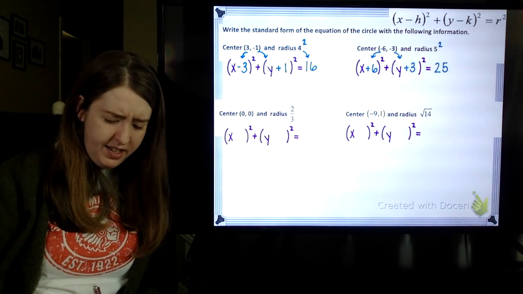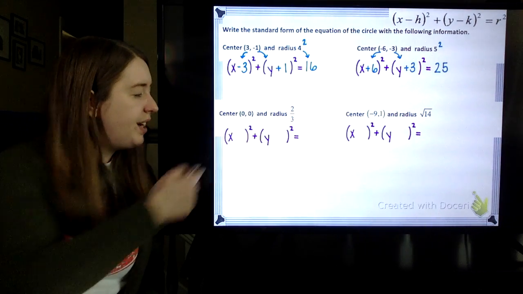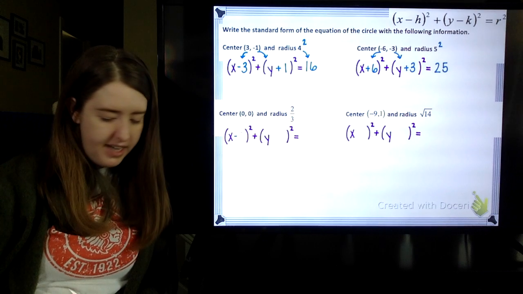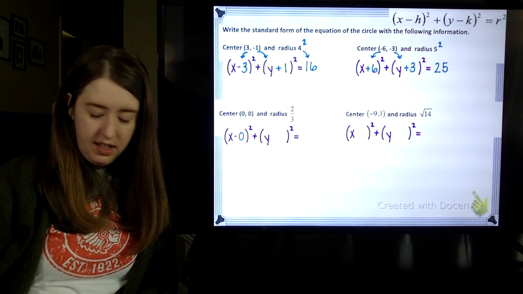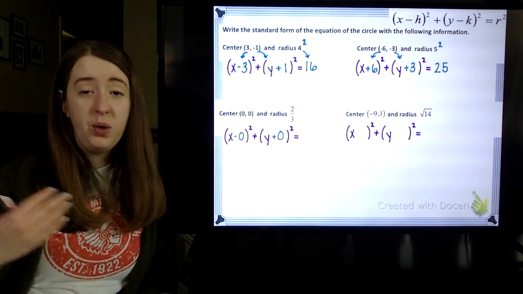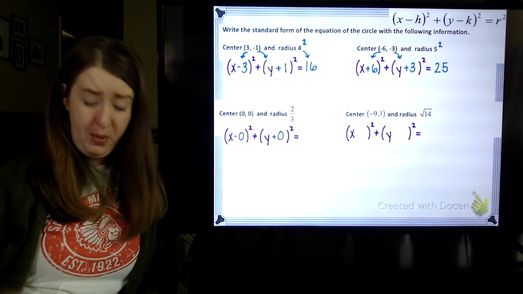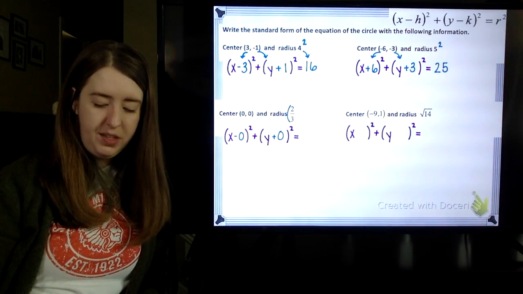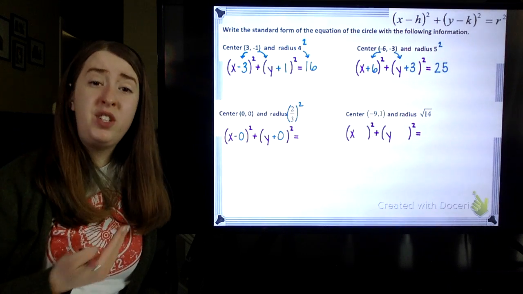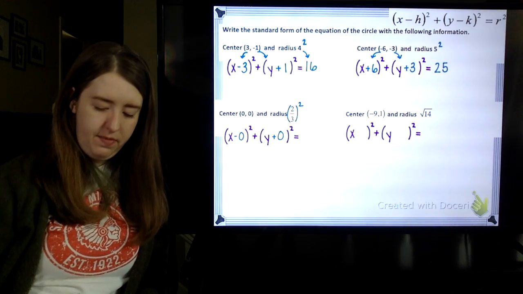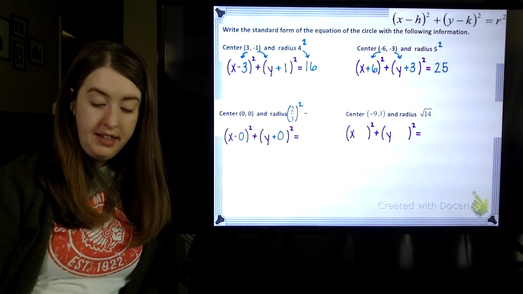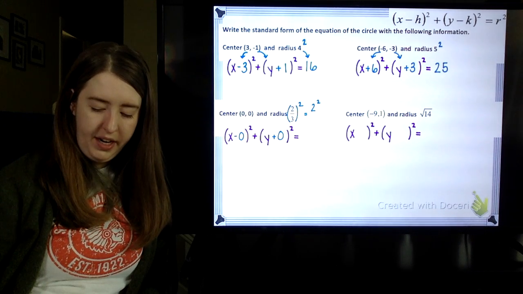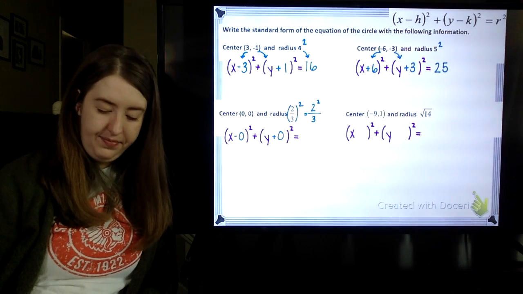So over here, our center is at 0, 0. So I either need to take x minus 0 or x plus 0, y minus 0 or y plus 0. The answer is still the same either way. And we need to make sure that we take this radius and we square it. Now, when we take 2/3 and we square it, that's just like taking 2 and squaring it and putting it over 3 squared.